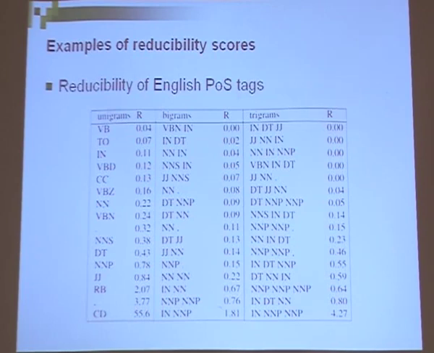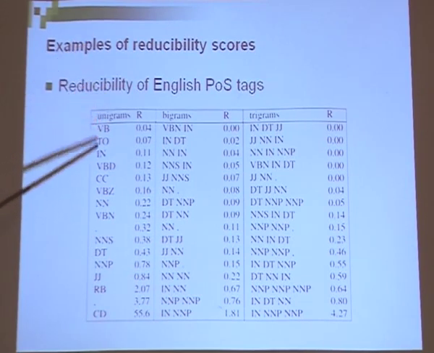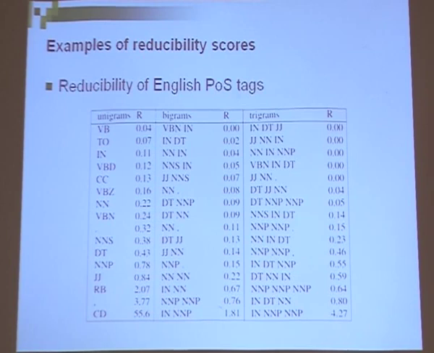Similar for English. The adjectives and adverbs have very high reducibility, whereas the verb, the particle to, and the preposition and verb in past tense are quite low. Of course, there are mistakes here, but we can use it for inducing the dependency trees.